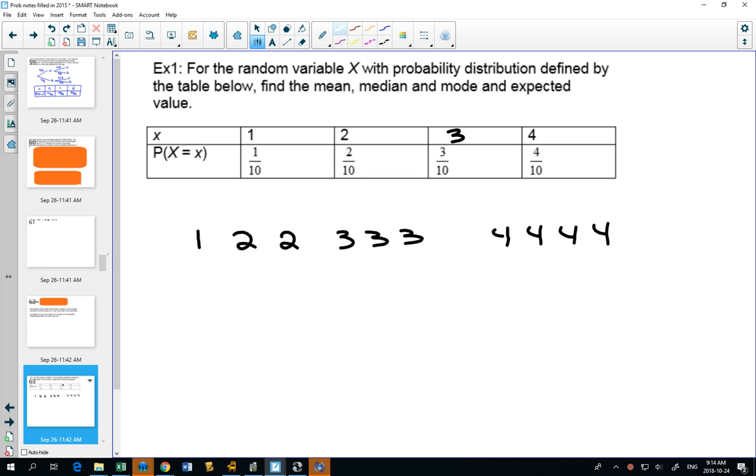So if we add them all up, 12 plus 9 is 21, plus 4 is 25, 26. Our mean is 2.6. So our expected value, we'll find out, is going to be 2.6.